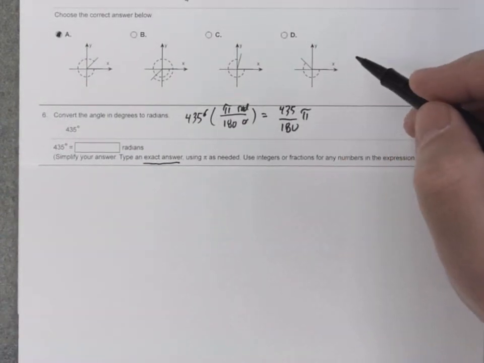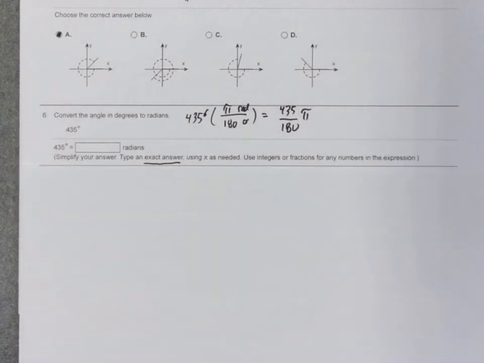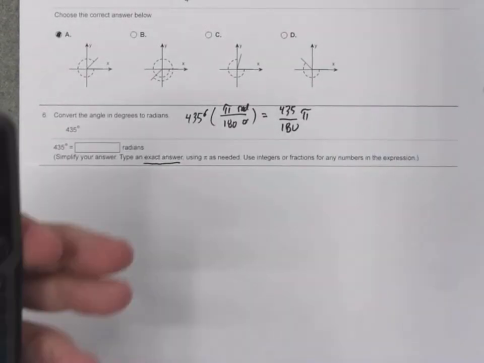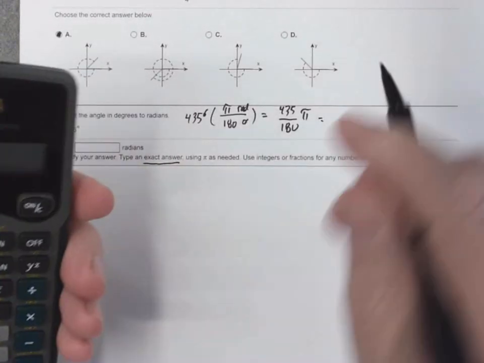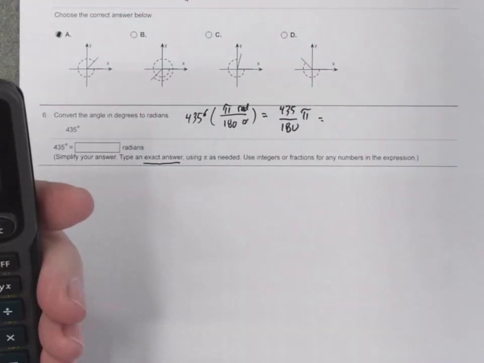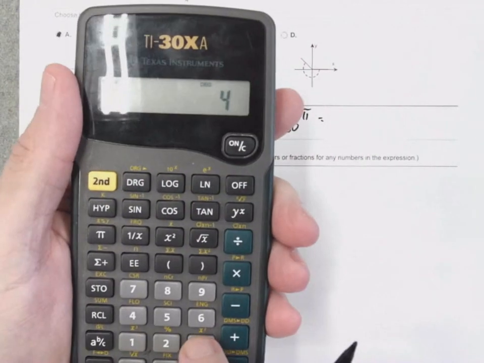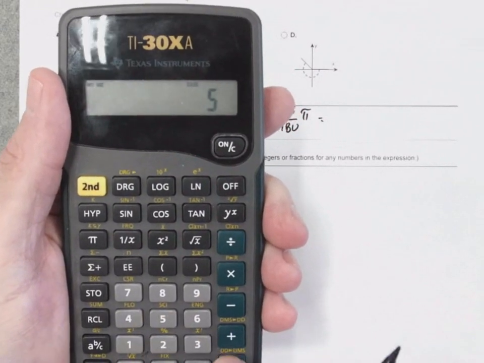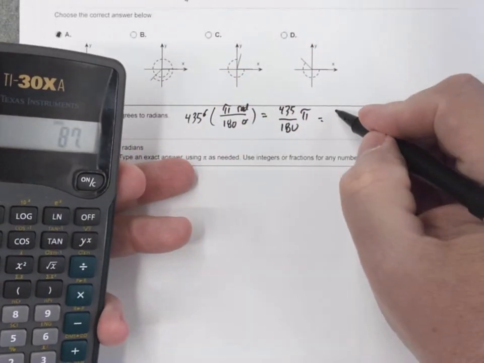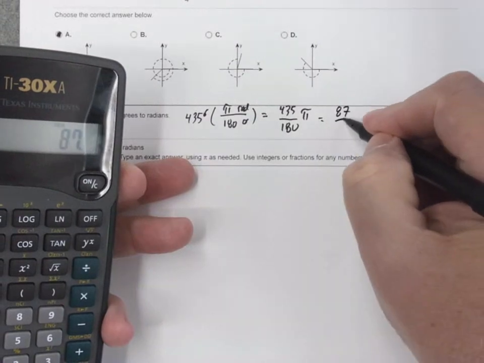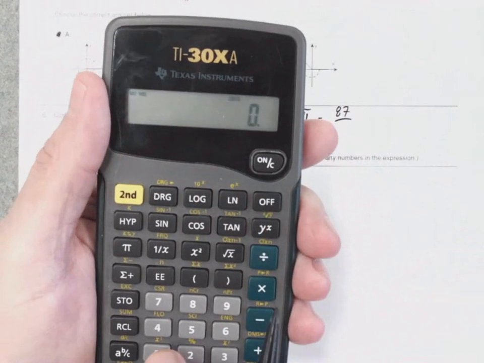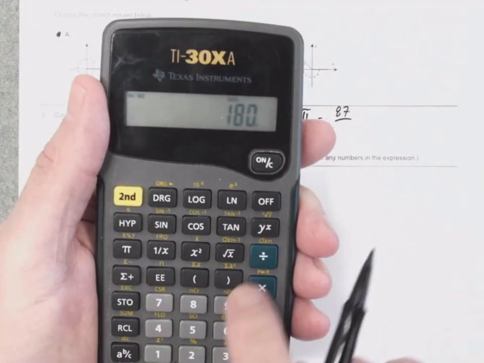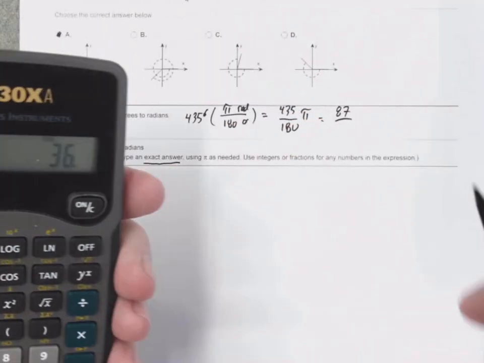This is where you might want to use your calculator. Obviously, I can divide top and bottom by 5. 435 divided by 5 is 87. 180 divided by 5 is 36.